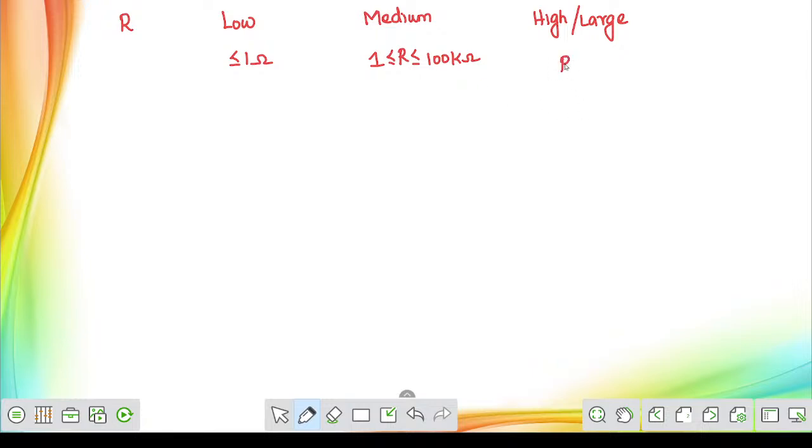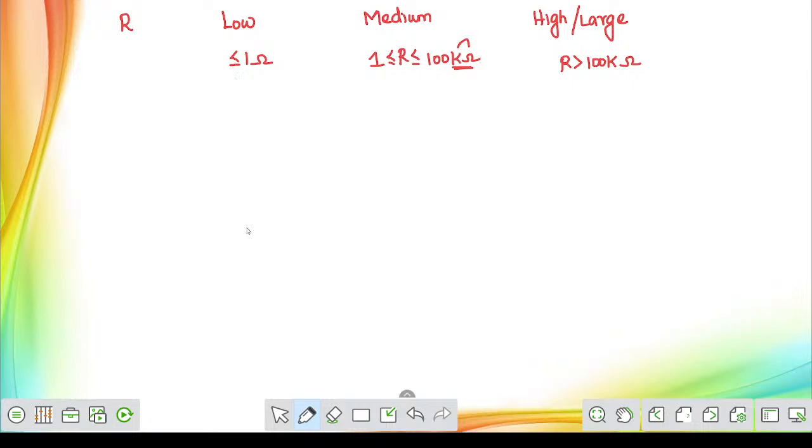If the value of the resistance is greater than 100 kilo ohm, then we will consider it as a large resistor. So low resistance means less than 1 ohm. Medium means 1 to 100 kilo ohm. Remember, medium means 1 to 100 kilo ohm. Greater than 100 kilo ohm only will be treated as high or large resistance.